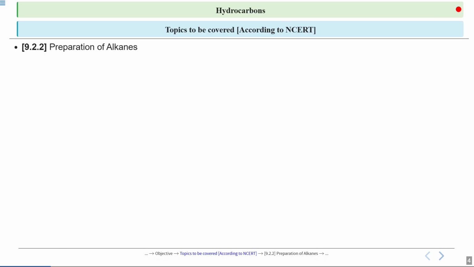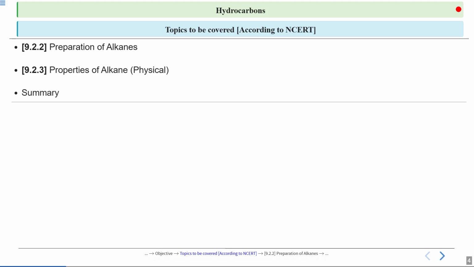Now, if I talk about the specific names of the NCERT sections, then it would be 9.2.2, which is preparation of alkanes. Then the 9.2.3 section, which is properties of alkanes, specifically the physical properties. After that, we will summarize today's lecture with a short note.